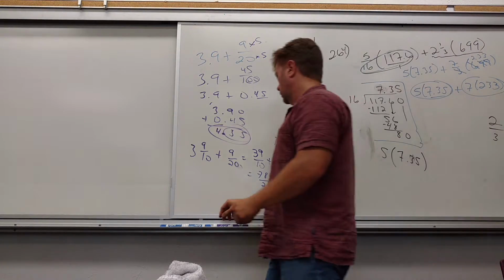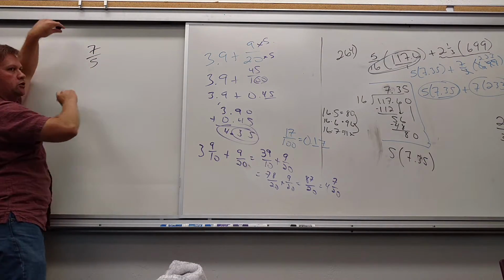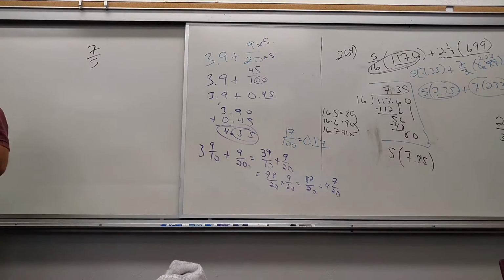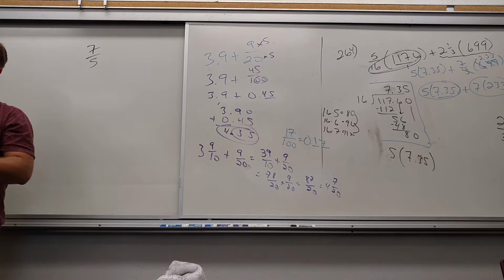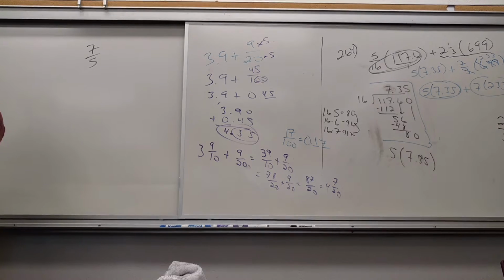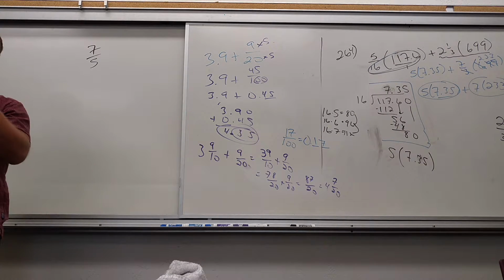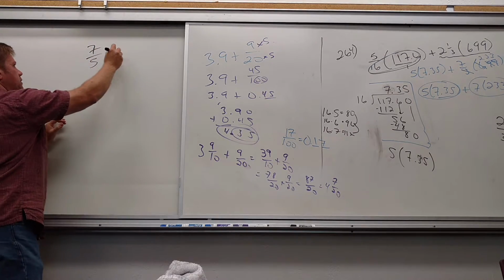So what would 7/5 be as a decimal? How would you make that into a decimal? You could do 5 into 7, but I'd rather make it over 10, even better than 100. You just need to make the bottom some multiple of 10. So how do we make the bottom 10?